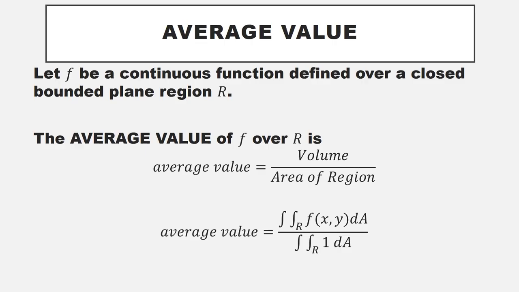Another application we can do is find the average value of a function over a given region. And if we do that, well, the average value is just going to be the volume that we calculated in this video divided by the area of the region.